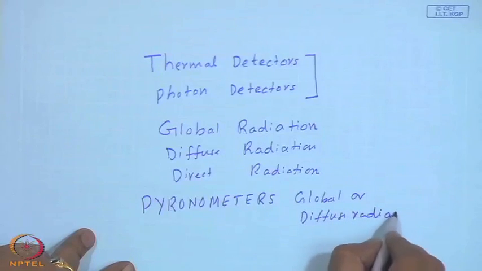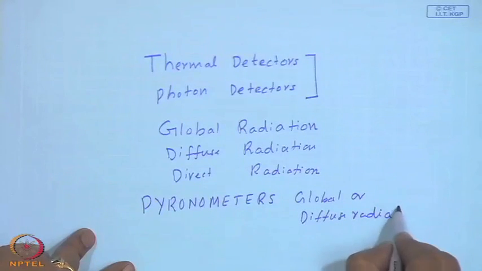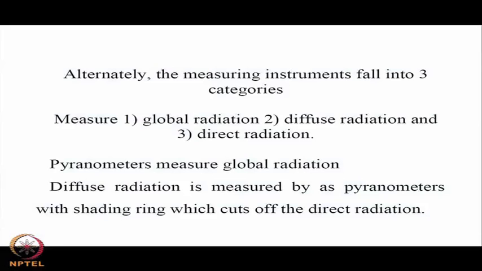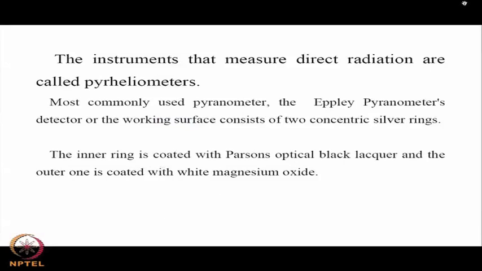We shall find out how to use a pyranometer to measure the solar radiation, global or the diffuse component. Generally, the diffuse radiation is measured by the pyranometer with a shading ring, which basically shadows the sensor from the direct radiation, making it record only the diffuse component of radiation.